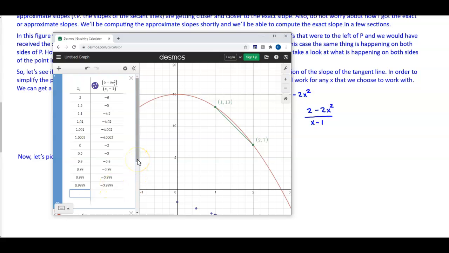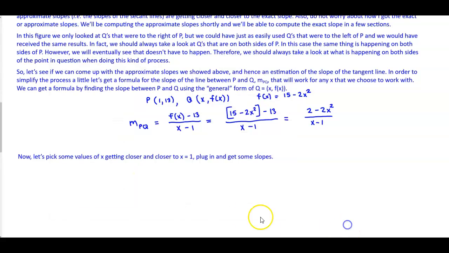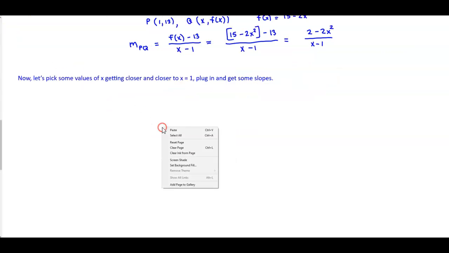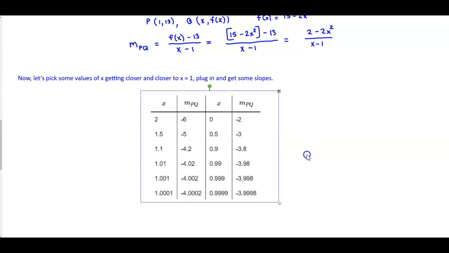As you can see, that's what's happening with our particular values. Let's take a look at the table here. We can see that when we plugged in x from the right, from 2 to 1, we got negative 4, and from 0 to 0.99, we also got negative 4.